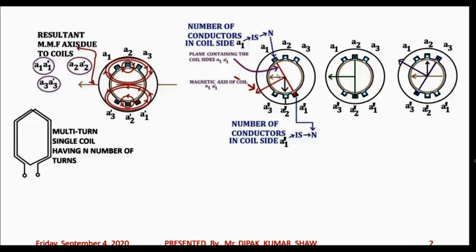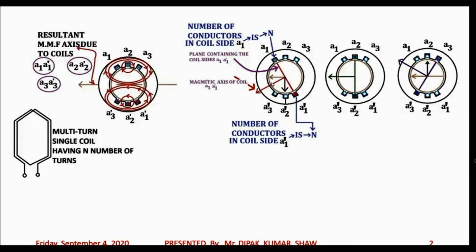Now, what we can always do is resolve the MMF of the coil A1 A1 dash into two components. You can follow the mouse pointer, please. This brown arrow represents the horizontal component and this black arrow represents the vertical component of the MMF for coil A1 A1 dash, which is shown by this red arrow.